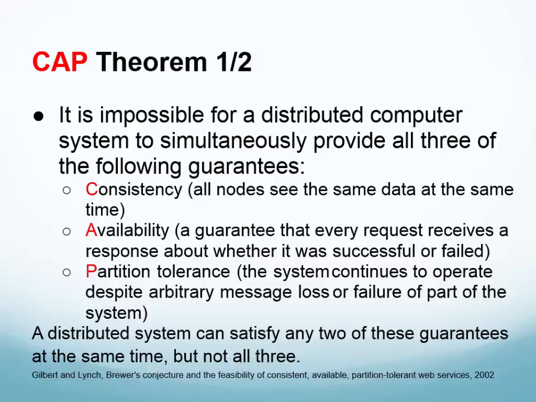Partition tolerance: the system continues to operate despite arbitrary message loss or failure of part of the system. So we can have any two of these. No system at the moment can have all three. A distributed system can satisfy any two of these guarantees at the same time, but not all three. This was given by Gilbert and Lynch.